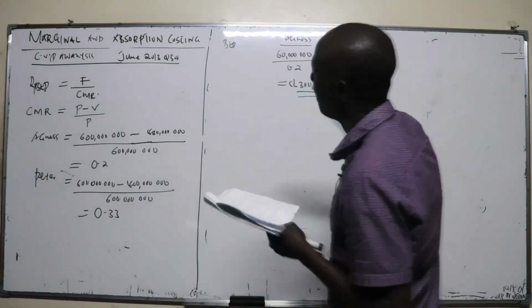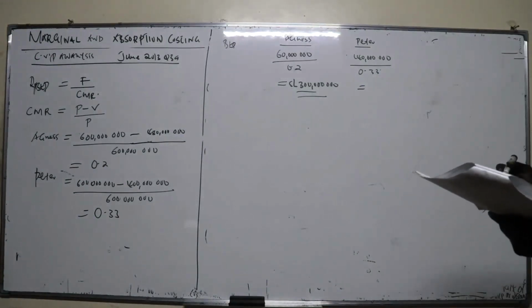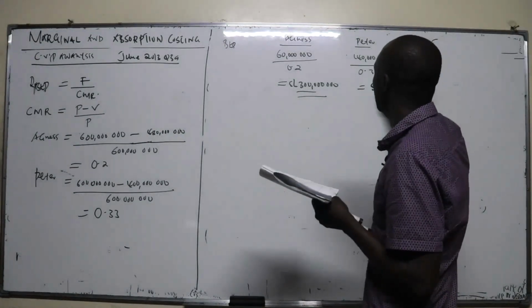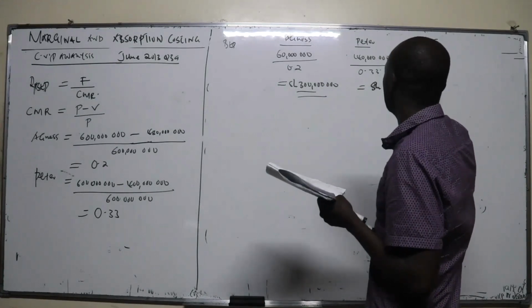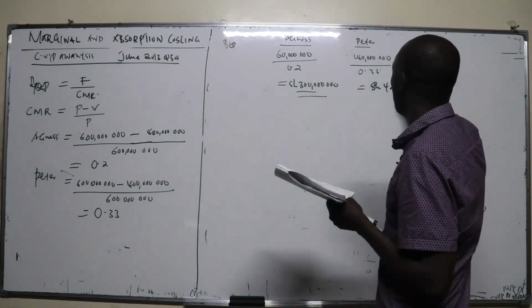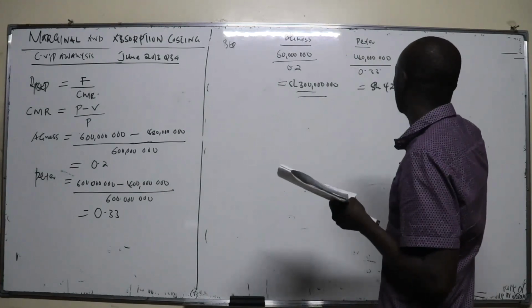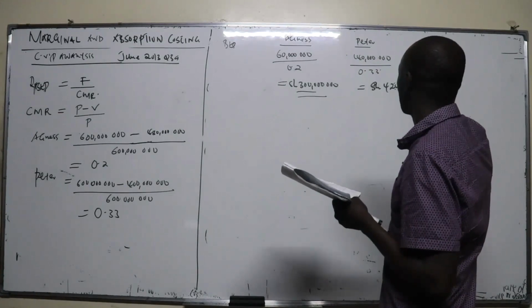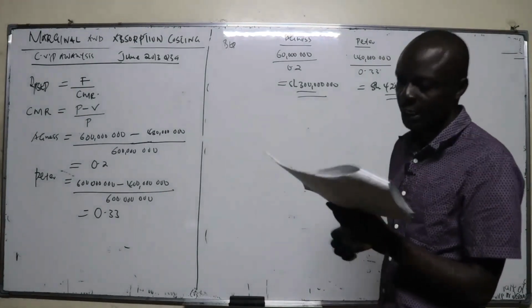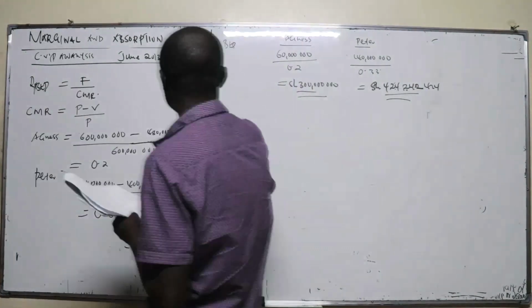And the other one, 424 million. You understand what you're doing, isn't it? So that one will earn you 2 marks. Very easy to get marks.